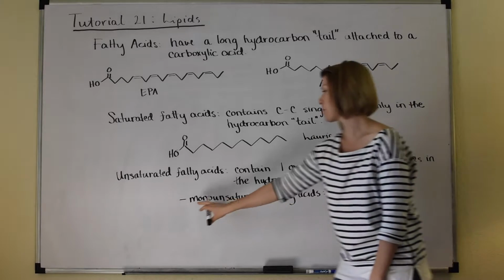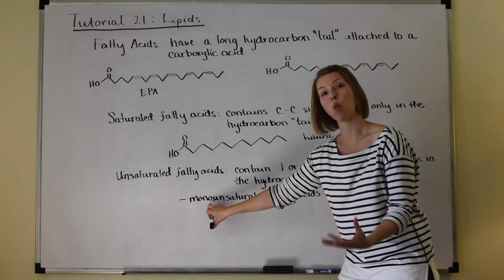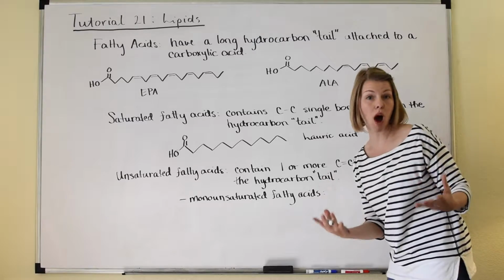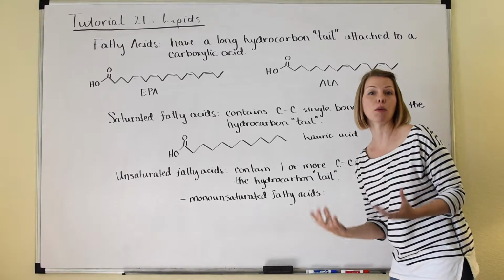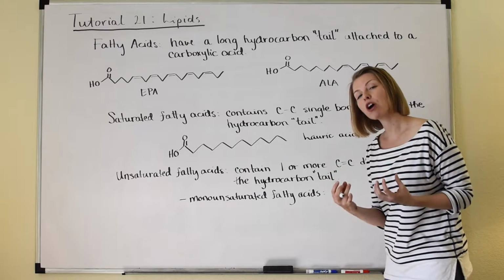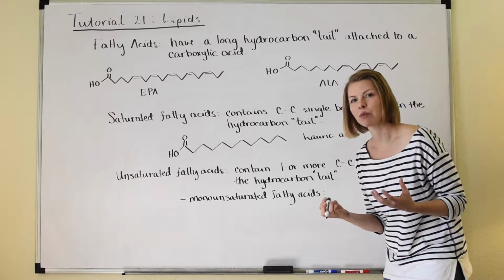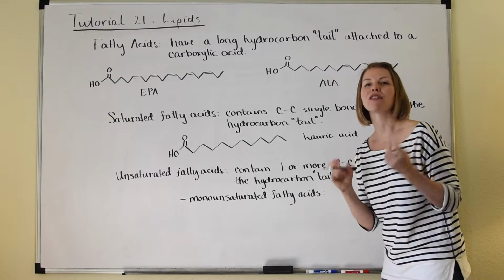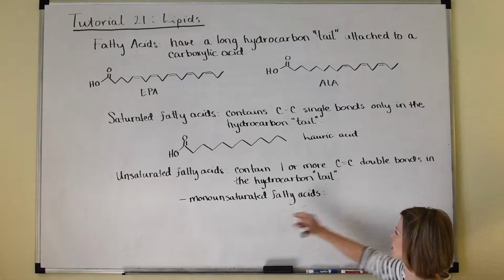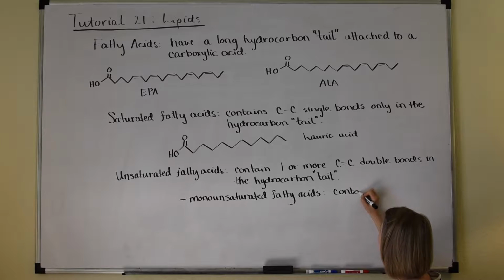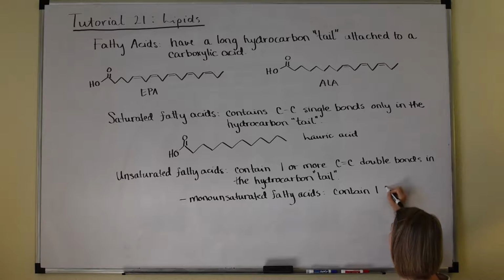And just as the name implies, mono means one. So a monounsaturated fatty acid would contain just one carbon-carbon double bond. And these carbon-carbon double bonds are almost always naturally of the cis geometry. Okay, so it's right here. Contain one carbon-carbon double bond.